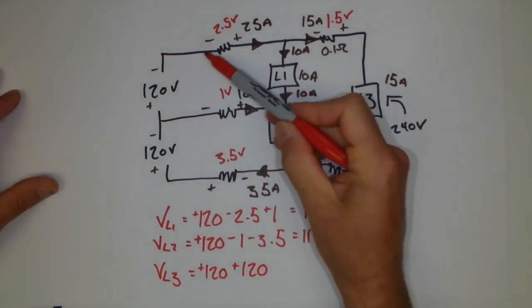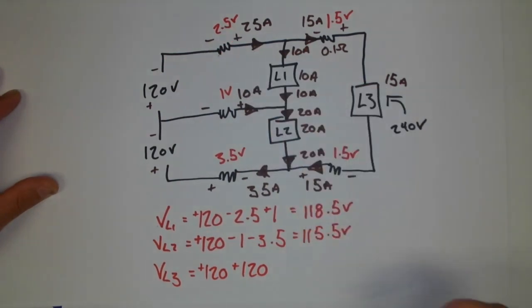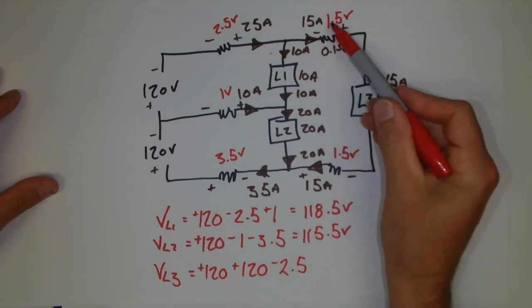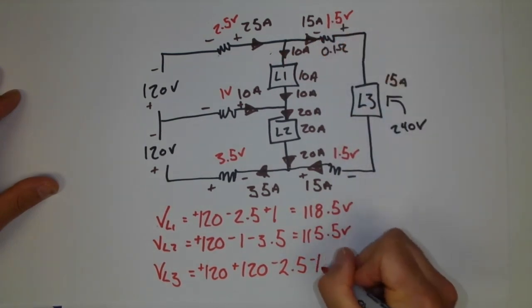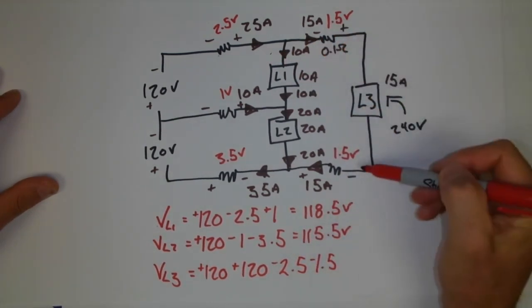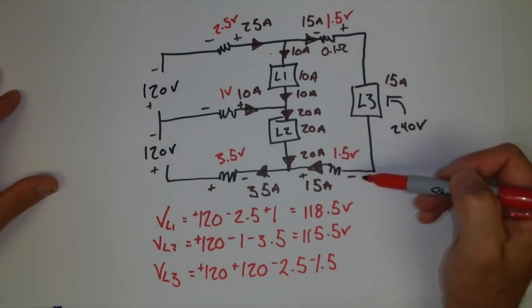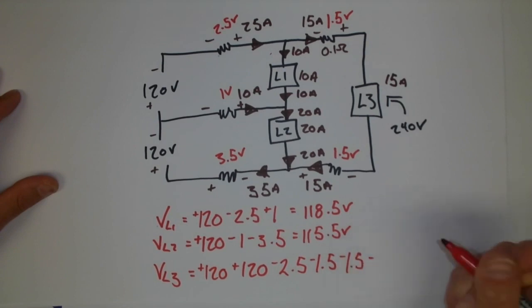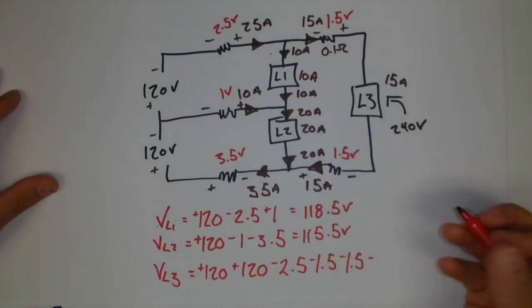We would continue along the outside, negative 2.5, negative 1.5, and along the bottom, obviously, the exact same thing. So negative 1.5 and negative 3.5.